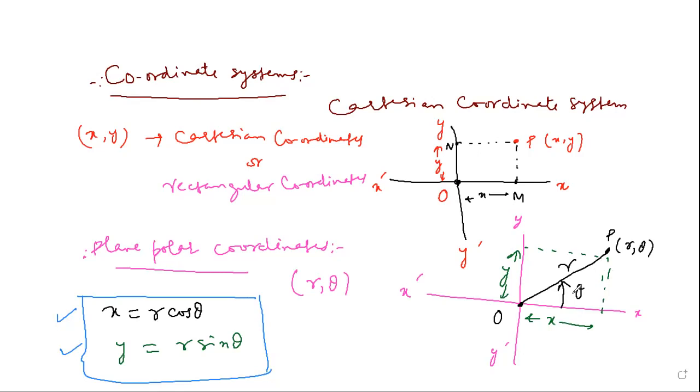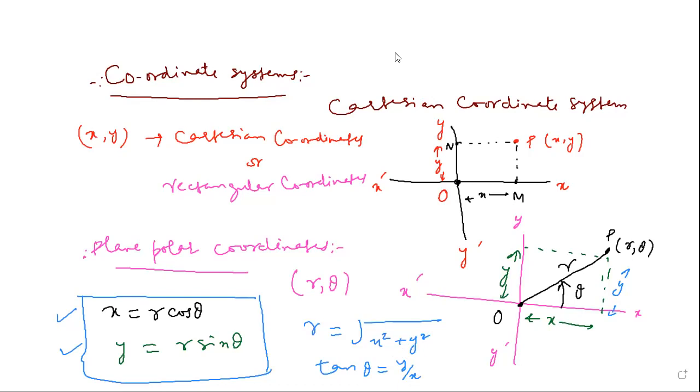Similarly, you can see from the figure, this is y, this is also y. If I use the Pythagoras theorem, I can write r equal to under root x square plus y square. And I can also write tan theta is y by x.